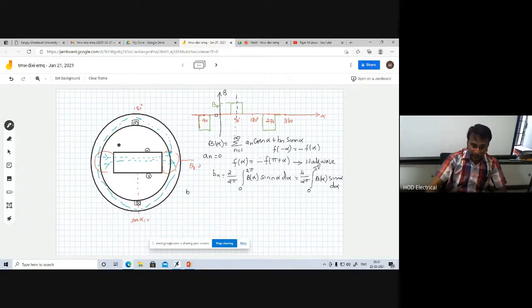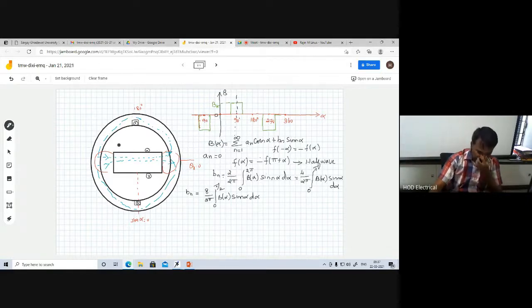Therefore, we can again multiply Bn by 2, so 8 by 2 pi, symmetric about 90 degrees. That is why the integral is 0 to pi by 2, 90 degrees, of b of alpha into sine n alpha into d alpha.